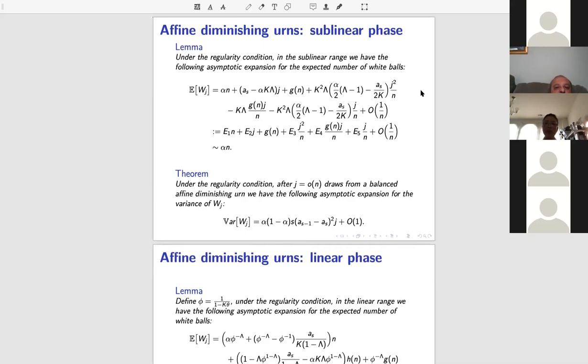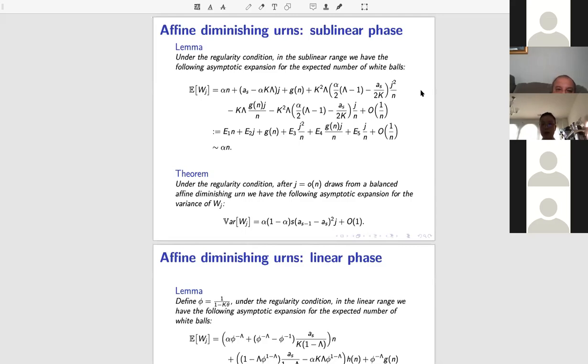We see that the formulation for this variance is very beautiful in the sense that the variance will be maximized if alpha is a half, meaning that if we start with approximately equal numbers of white and blue balls, then the variance of the process will be maximized. And the variance will increase as we increase the sample size or as we increase the gap between the replacement entries. So the expansion for the sublinear phase is pretty straightforward.